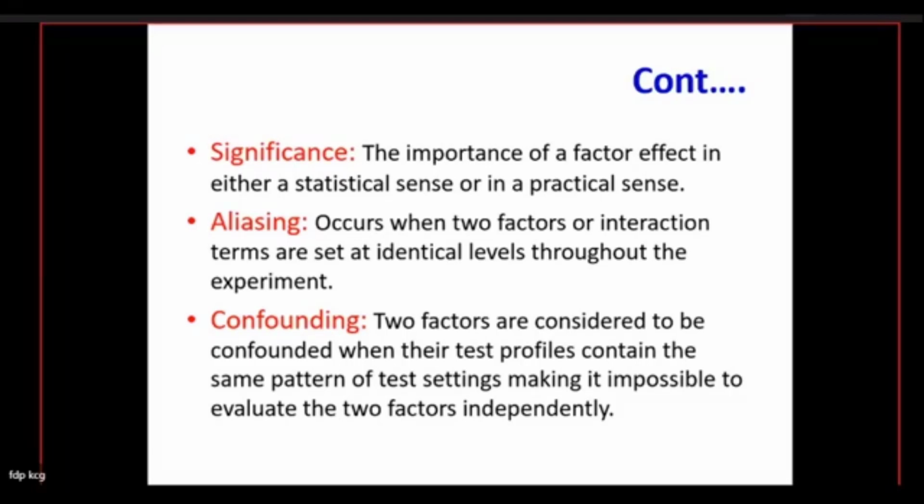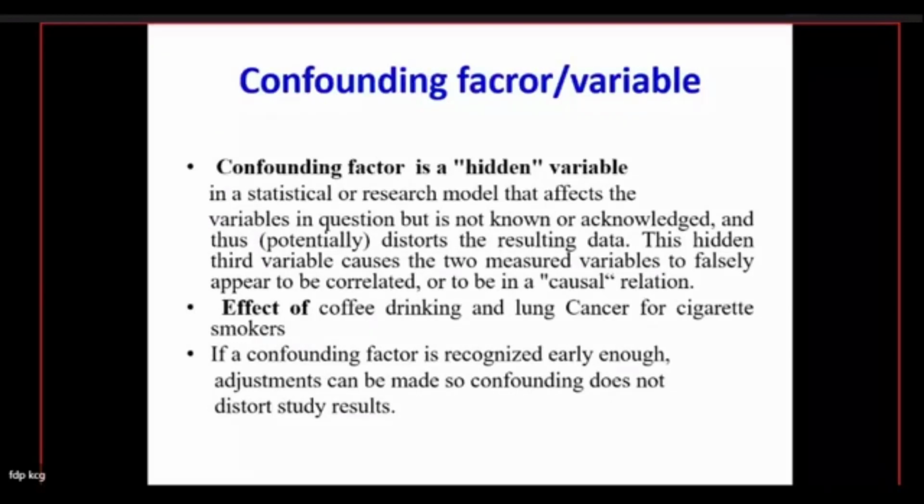If we look in more detail, a confounding factor is a hidden variable which is not observed during the experimental process and is not known to us. If you overlook it, whatever result you get is not acceptable.